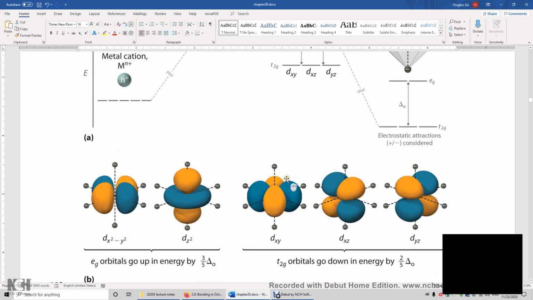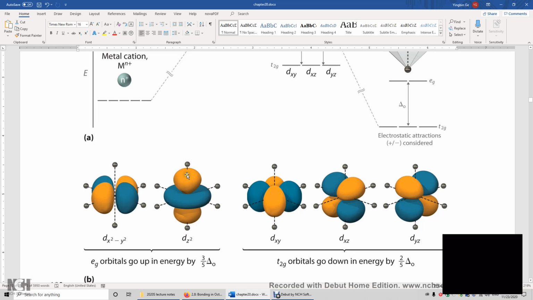And now I'm going to show you the shapes of these d orbitals, and I will show you why the dz squared orbital and dx squared minus y squared orbital have higher energy than the other three. So again, if you look at this orbital, these two yellow lobes are pointing directly towards these two negative charges.